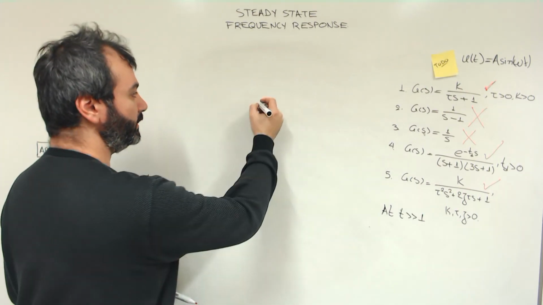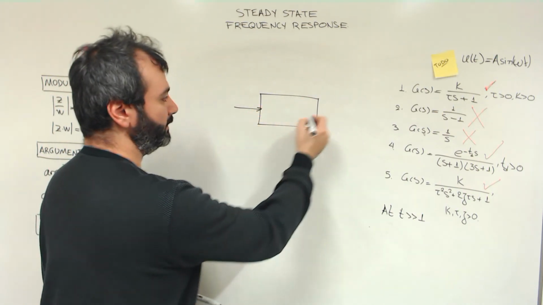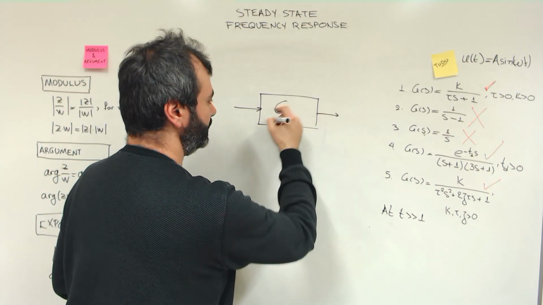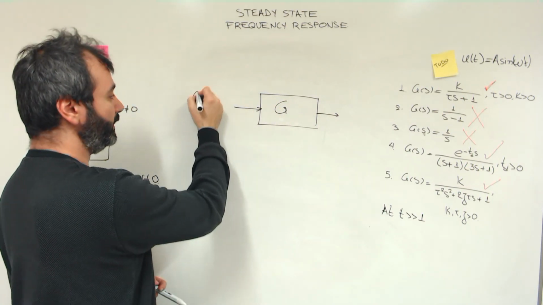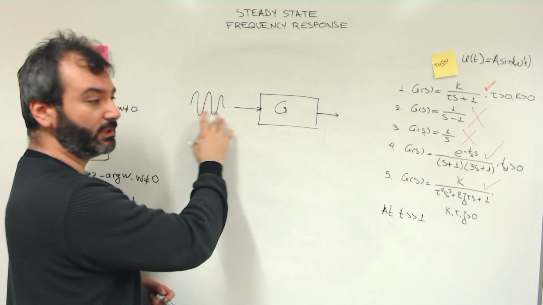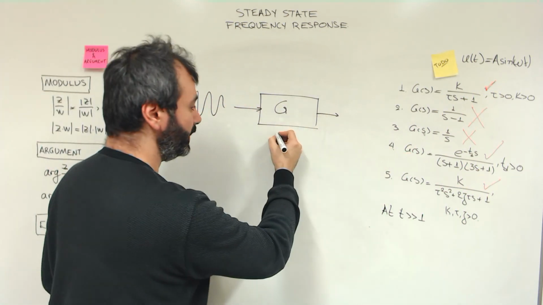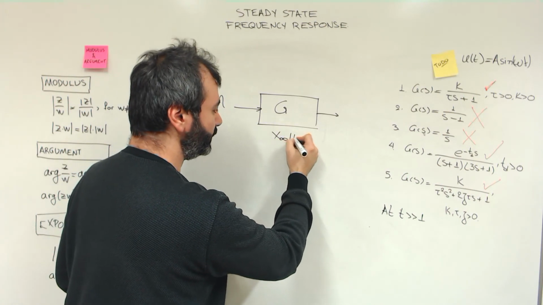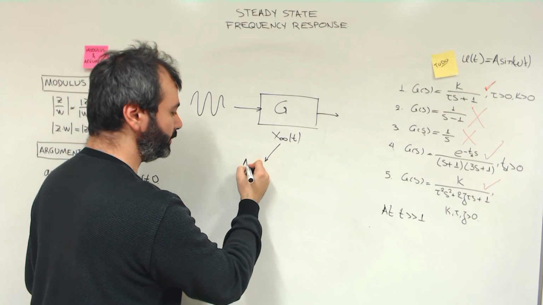So what we did today is that we presented the theorem, so that if you have a transfer function and you excite it with a sinusoidal input, you know that after a long time you will obtain a sinusoidal output x infinity, which has a certain amplitude.